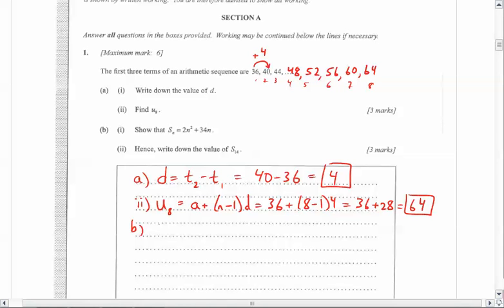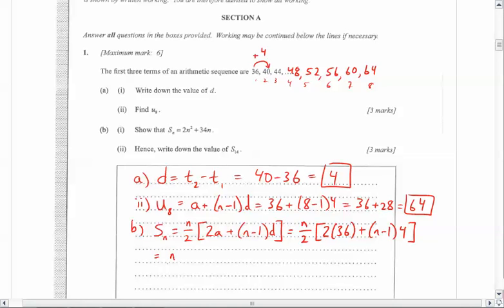In order to find the sum of the terms, you can do n over 2, 2a plus n minus 1 d. So we want n over 2, 2 times the first term, plus number of terms minus 1 times the distance, 4.